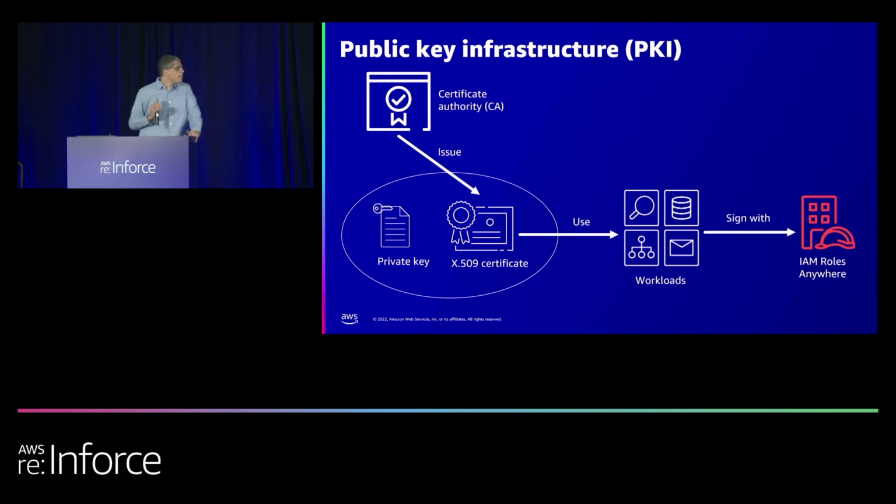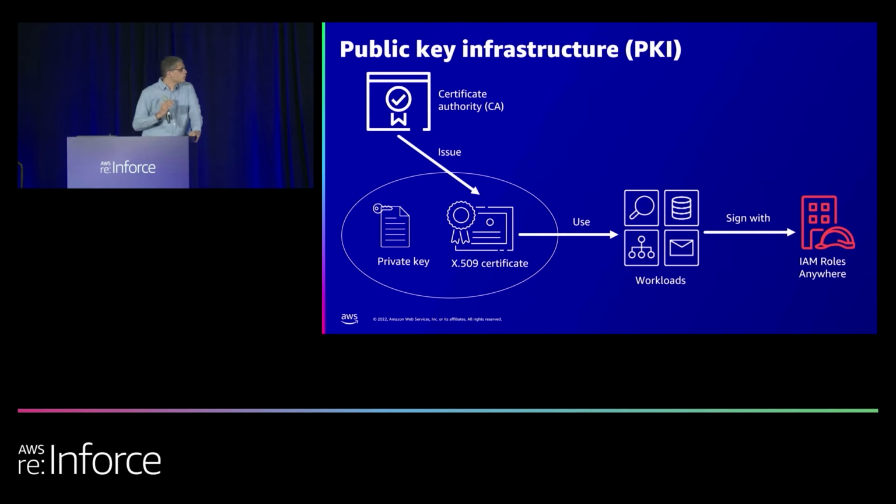PKI uses a pair of keys, the public and the private, where the public is usually available in the digital certificate, while the private one you need to store in a secure place. PKI involves the generation, distribution and verification of the digital certificate through public key encryption.